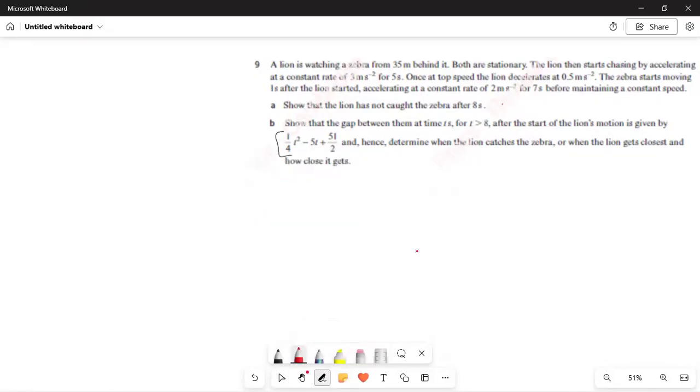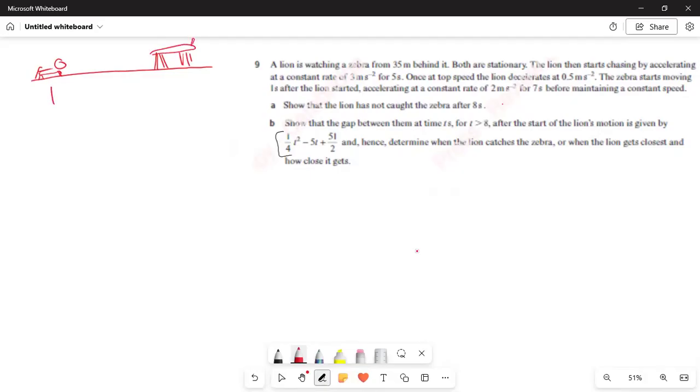Anyway, the scenario is that we have a lion here. Okay, how do you draw a lion? And a zebra with long legs and a big head.